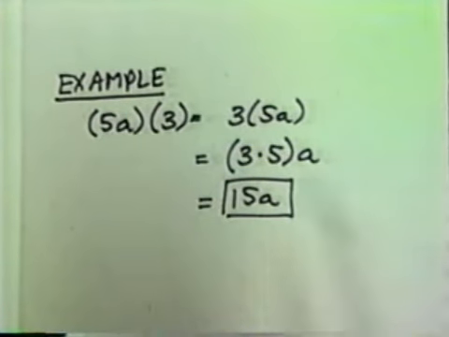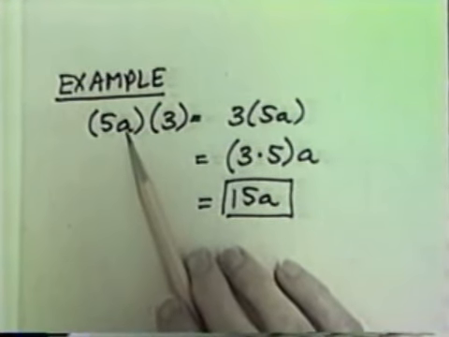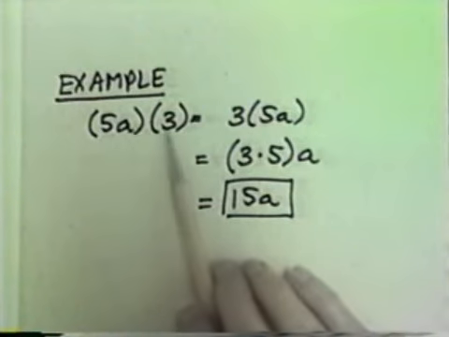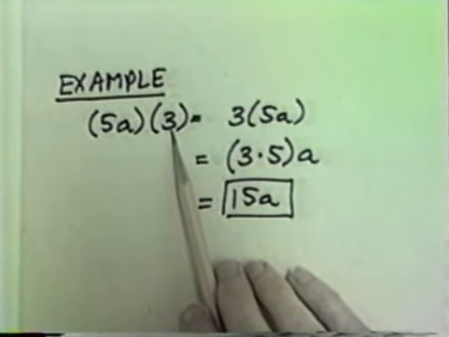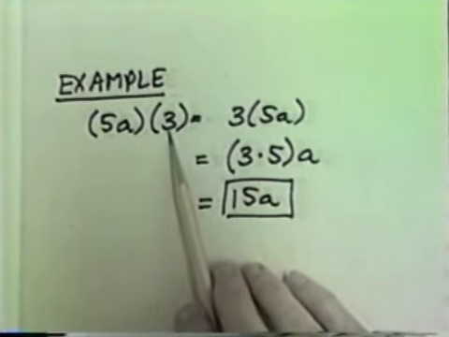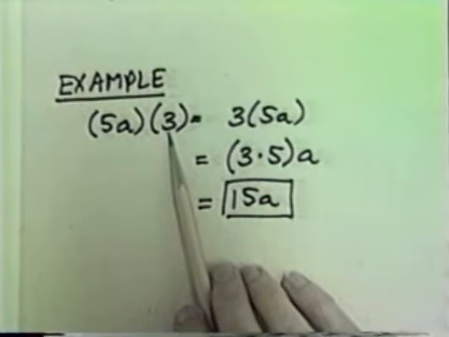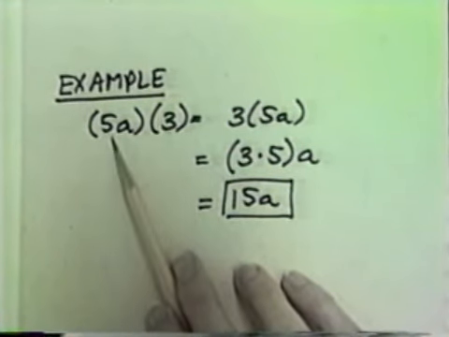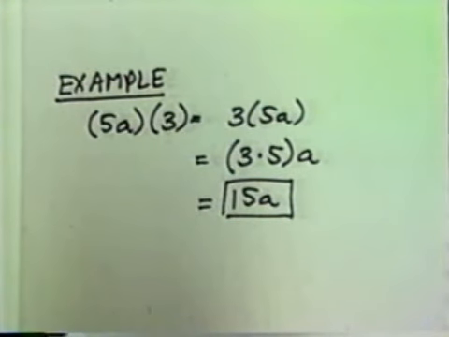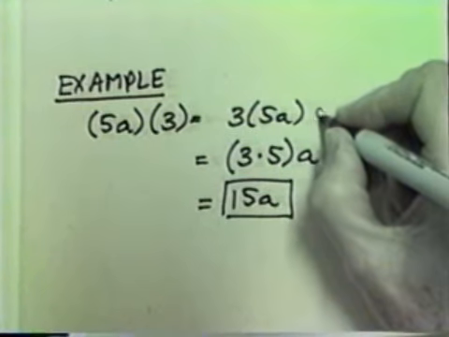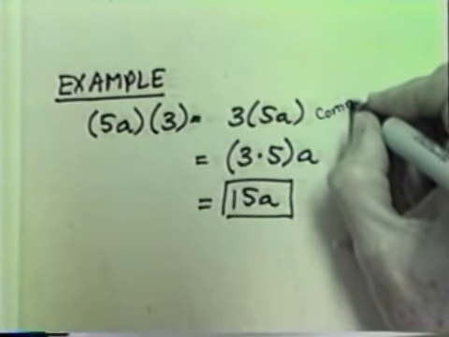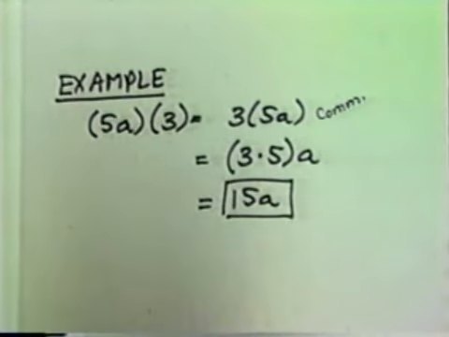Our example is, in one set of parentheses, 5a, and the next set, 3. We're multiplying 5a times 3. We begin by changing the order by switching the 3 and the 5a. Changing the order means we're using the commutative property. We'll abbreviate commutative property.